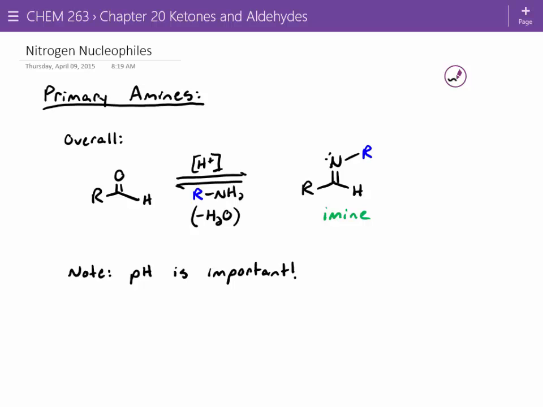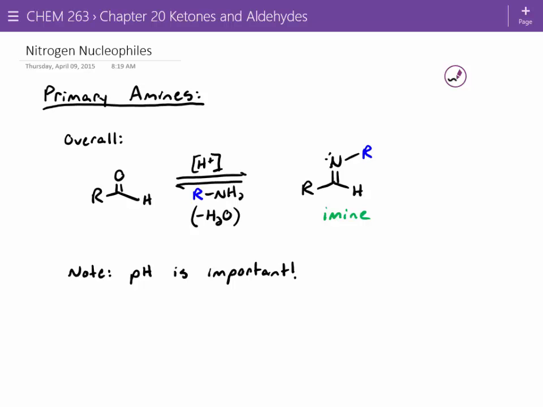So first thing we'll do is we'll protonate our oxygen on our carbonyl. But if we've got really, really strong acid around, what could happen? Yeah, you protonate your amine. If you protonate this amine, it's no longer nucleophilic, right? So we have to maintain really careful control of our pH.